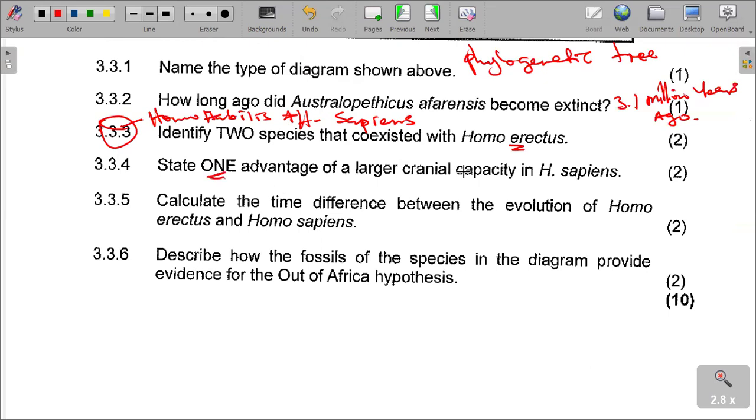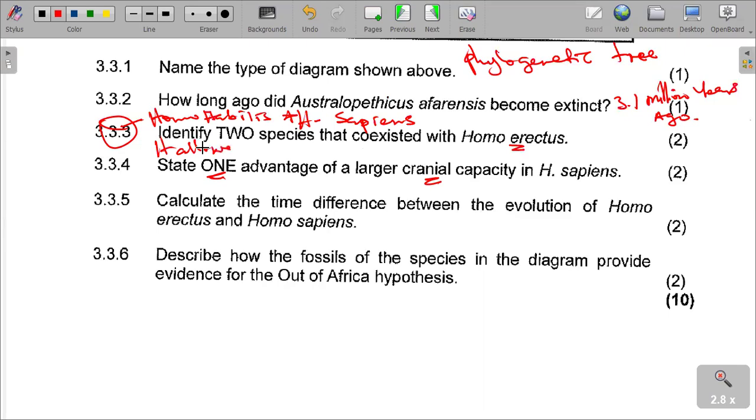One advantage of large cranium capacity, the large in terms of the skull, is the increase in the brain size. It allowed for intelligence and also quick processing of information.